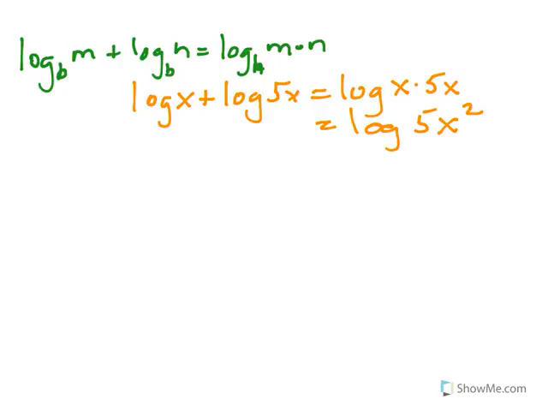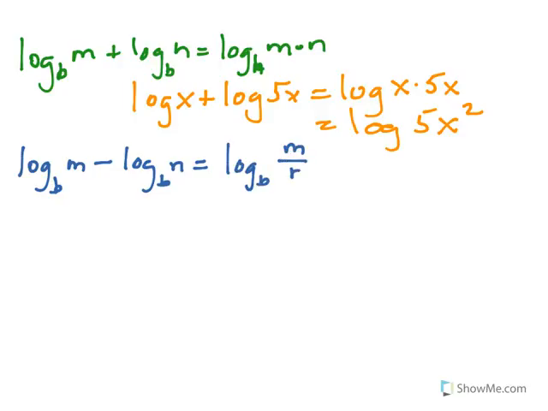The second property is the related one about subtracting exponents in a division problem. So log base b of m subtract log base b of n equals log base b of m divided by n.